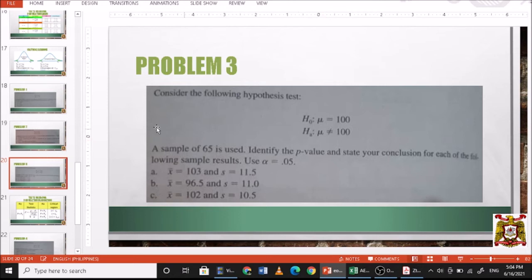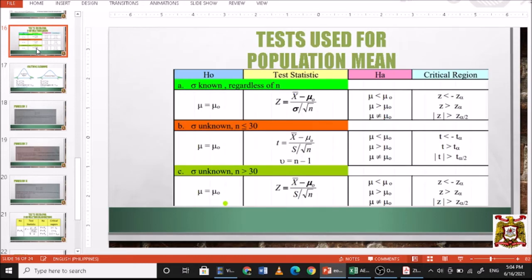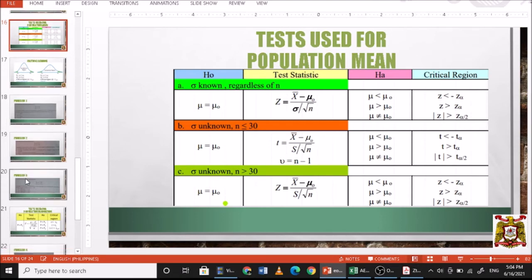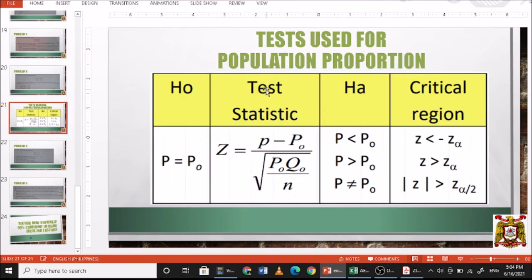Okay? So these are the possible tests for hypothesis testing for the population mean. And now the test used for population proportion. There is only one test.